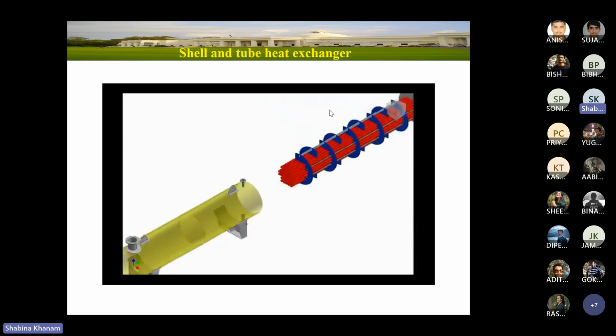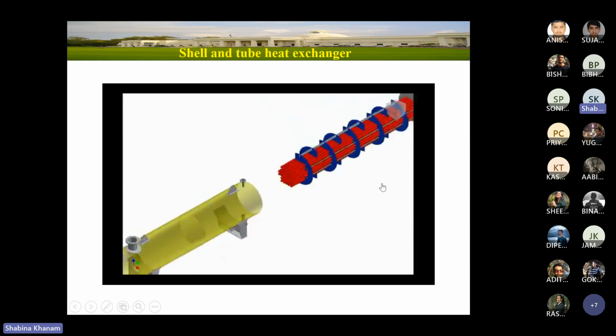Now if you see this complete assembly, tube sheet, baffles, tie rods, spacers, support plates, all these are called the tube bundle. This is the tube bundle which is inserted in the shell from one side. If you need to disassemble it, you simply take it out the same way you inserted it.